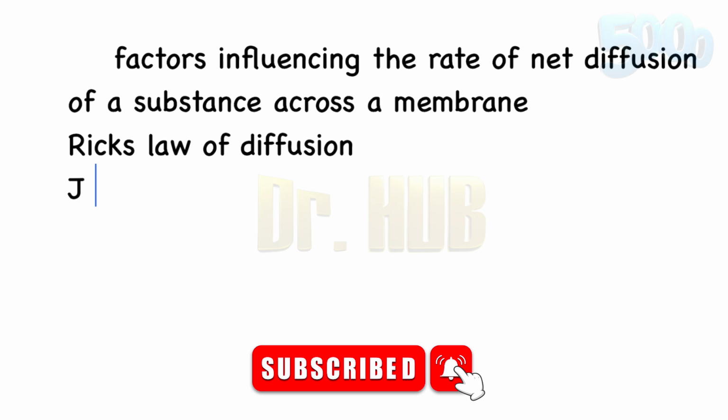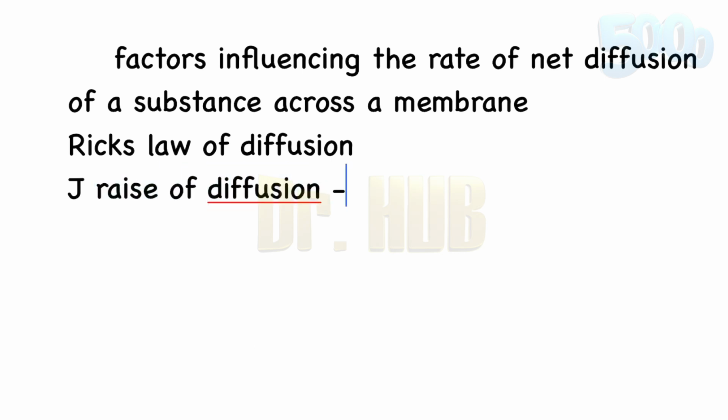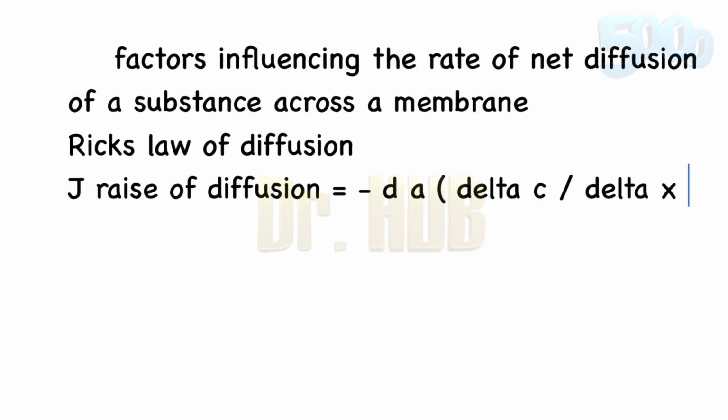J, the rate of diffusion, is equal to D A, where D stands for the diffusion coefficient and A stands for the area, times the bracket of delta C divided by delta X. Delta C by delta X is the concentration gradient.